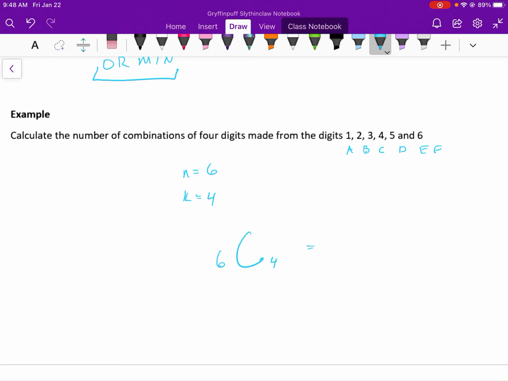We could use our calculator, or we could say that it's 6 factorial divided by (6 minus 4) factorial, divided by 4 factorial. But in my calculator, under the math menu, I can go to probability. And lo and behold, number 3 gives me nCr.